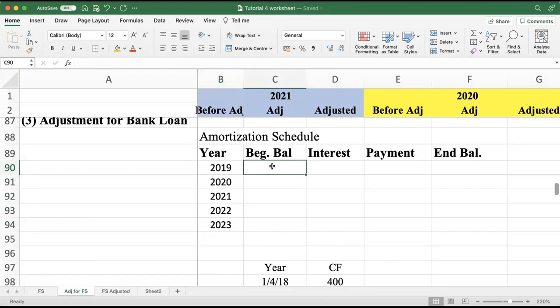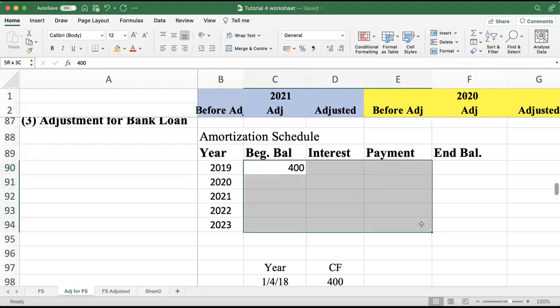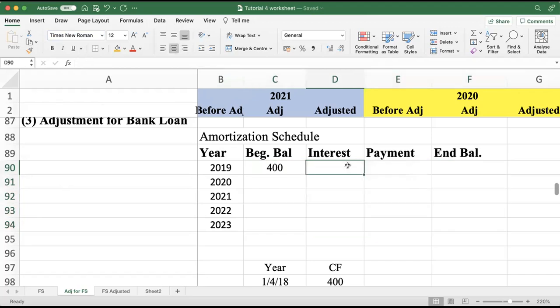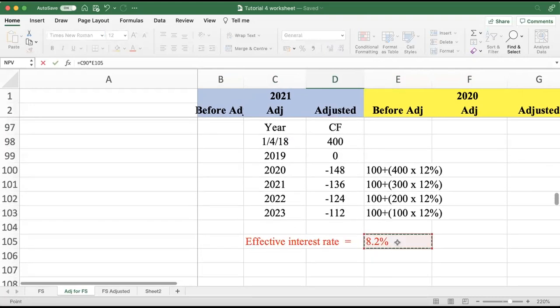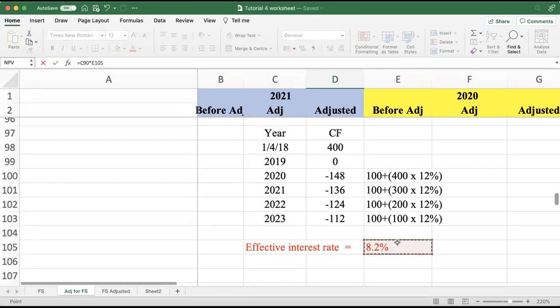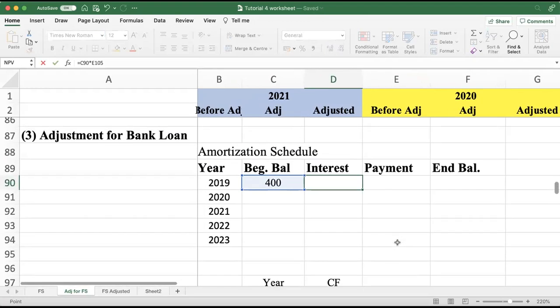So the beginning loan balance is 400. Interest equals beginning balance multiplied by the effective interest rate.